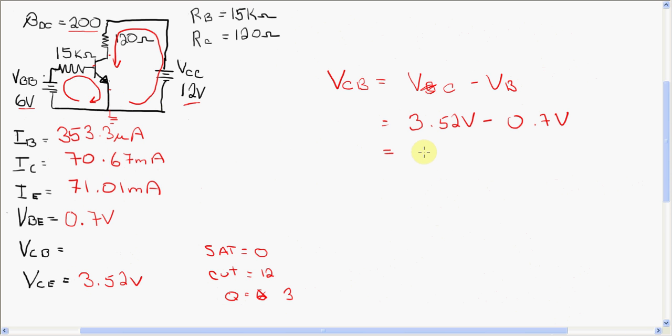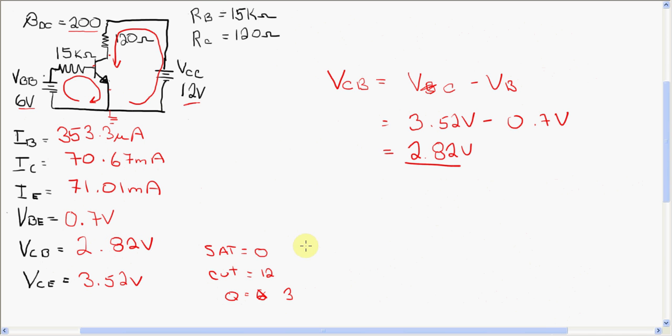I didn't pre-calculate this, so give me a second. 3.52 minus 0.7 equals 2.82 volts. That's the difference between the base and the collector.